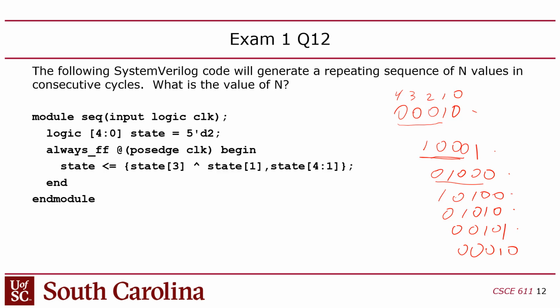So, yeah, the period of this LFSR is 6. Ideally the period would be 32, right? Because we have 32 possible values. But we're not going to get all 32 possible values out of this thing because I chose this generator poorly.